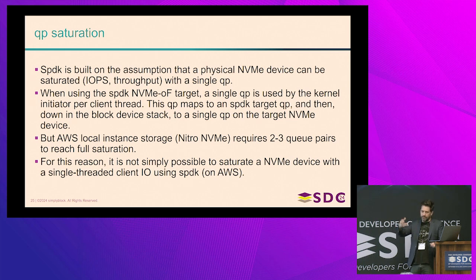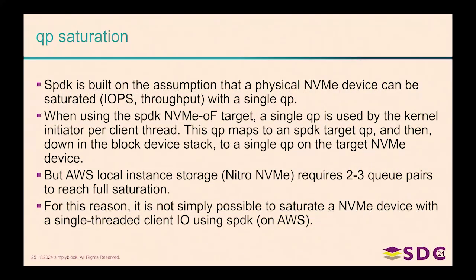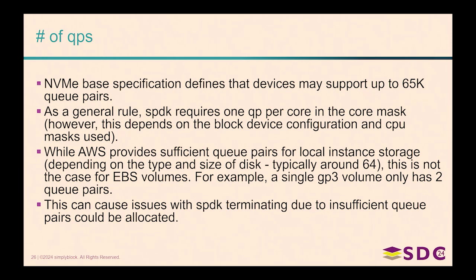The Linux kernel has as many queue-pairs as cores, but if it's one process, it's one queue-pair, and that one queue-pair goes back into the target, and then below the target, down the stack to the disk. It's still a one-to-one mapping. So the problem is that with a single thread, you can't saturate that disk on AWS. That's something you have to consider in your design, or it's just a limitation.